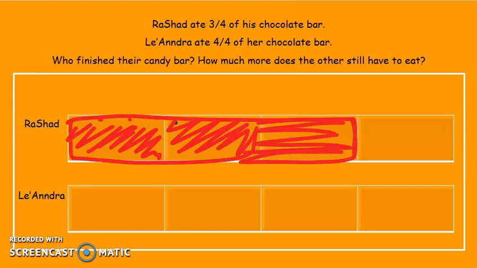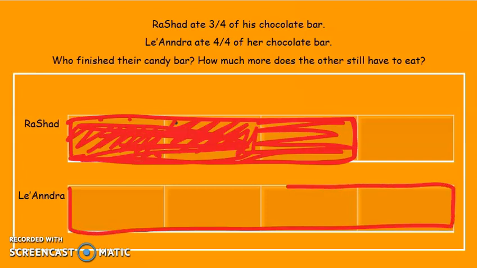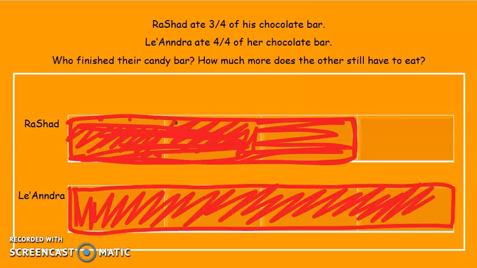I'm not overly worried about being neat and tidy as long as I don't flow into any other boxes. Same thing, Leandra, but she's got 1, 2, 3, 4 out of 4. And this is something I just do to help me stay in the lines. And then I just scribble, scribble, scribble to make sure all that's covered.